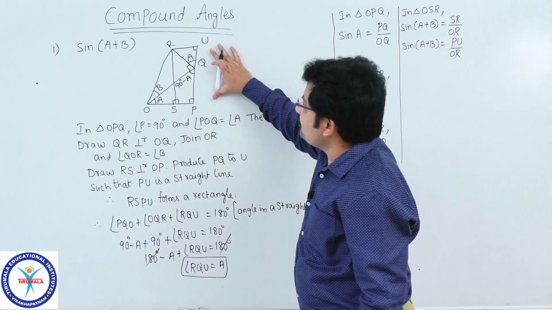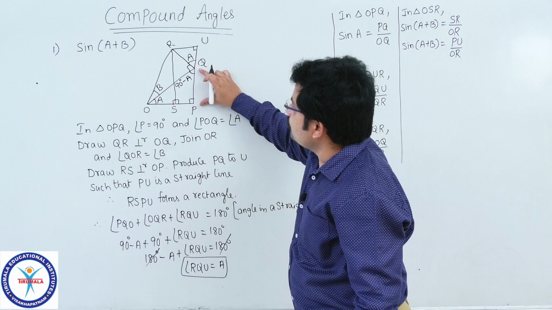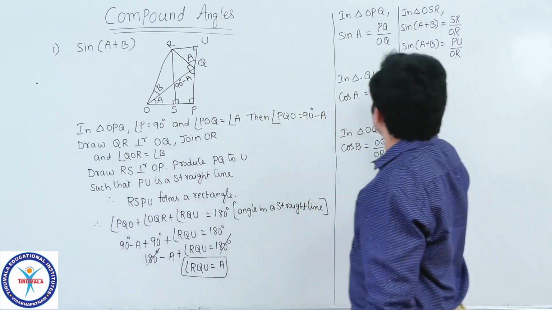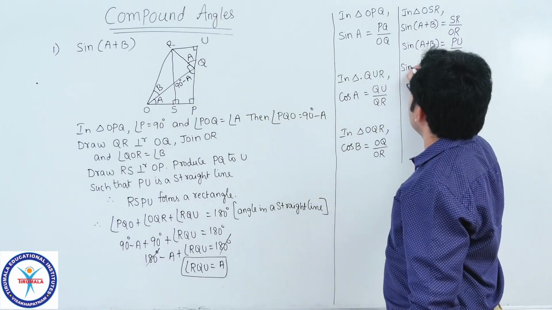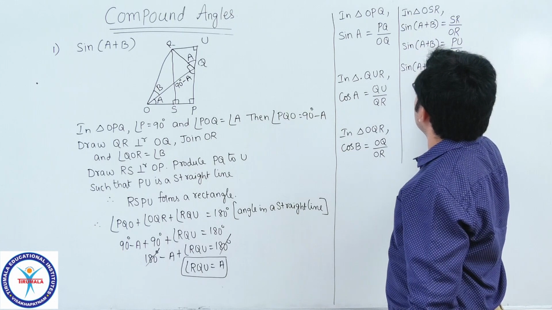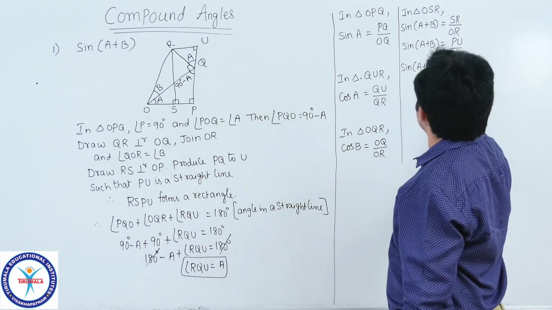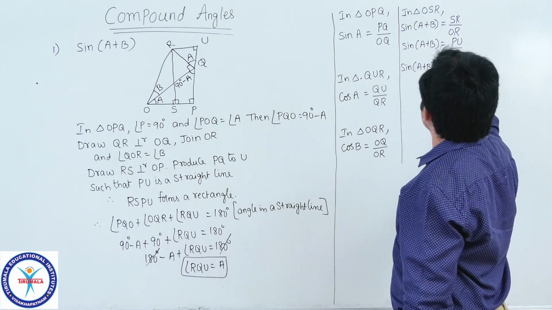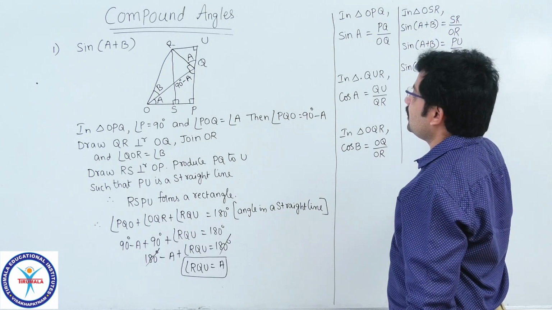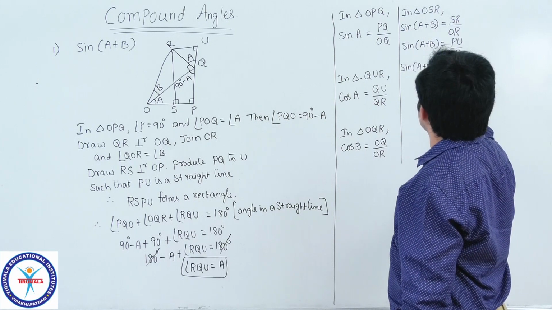The length of PU can be written as PQ plus QU. Therefore, sin(A+B) is equal to (PQ plus QU) by OR.